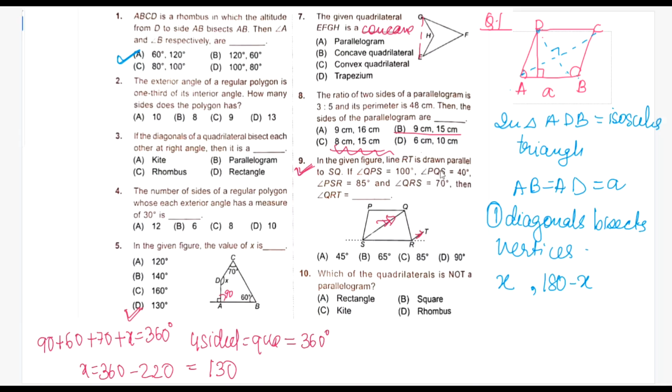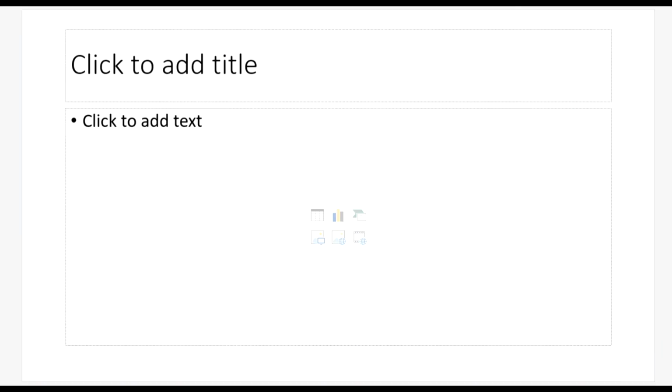Now next, they are saying that QPS is 100, this one is your 100 degree, and PQS, this one is your 40 degree, and PSR entirely is your 85 degree, and QRS, this one entirely is your 70 degree. So they are asking which angle? QRT, they are asking about the outer angle, beta. So it is very easy. Let's solve it.